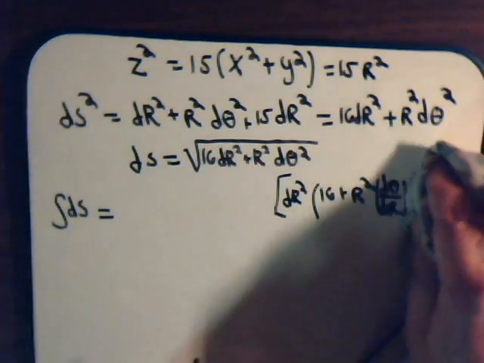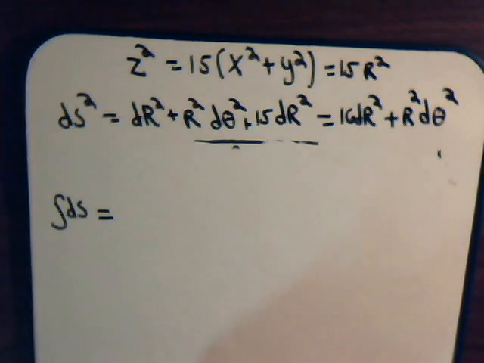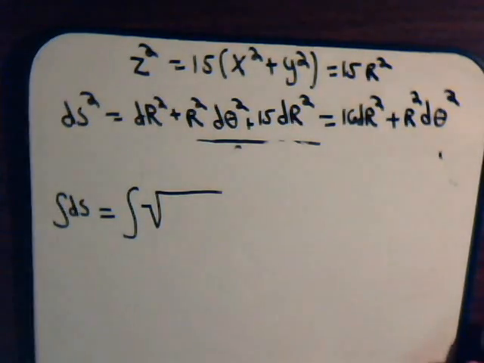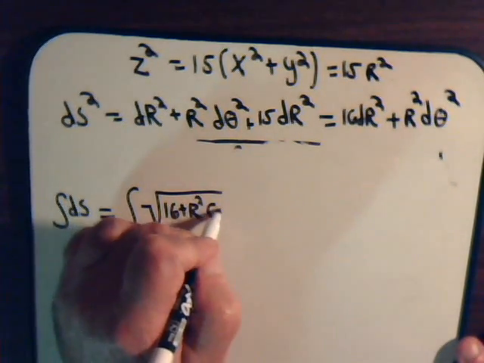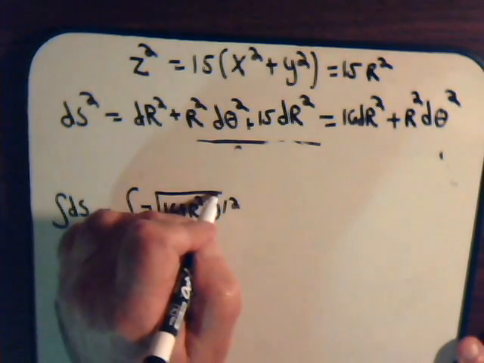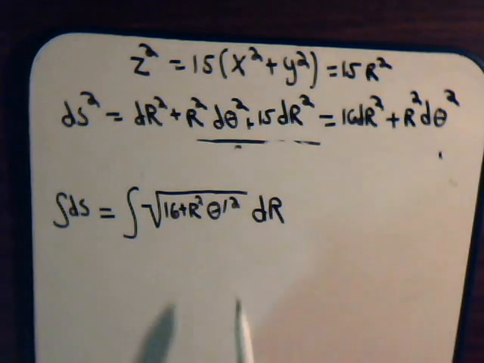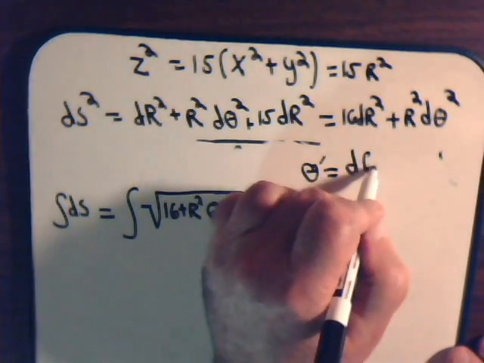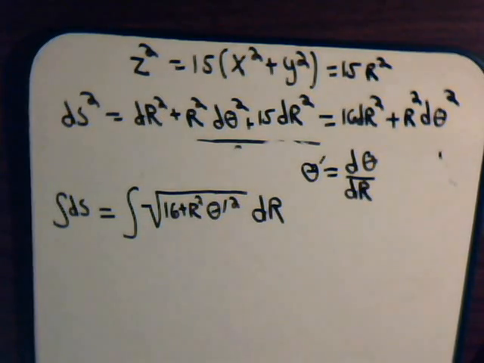So we're going to write it like that and make a little bit more room when we do it. So the integral of ds is the integral of the square root of 16 plus r squared theta prime squared times dr, where theta prime is just d theta dr. And r, of course, is our radius, x squared plus y squared.